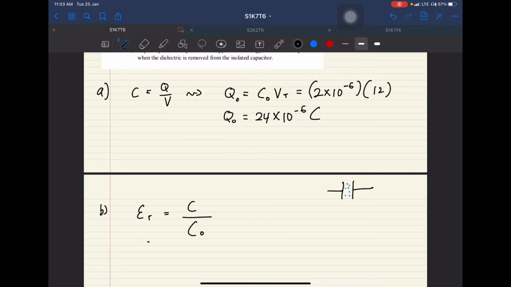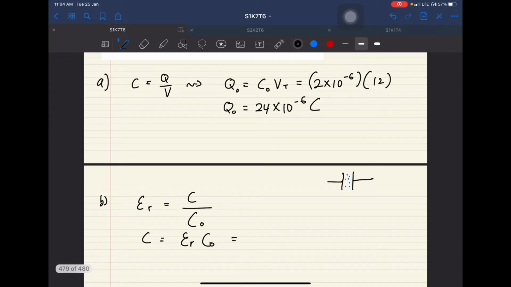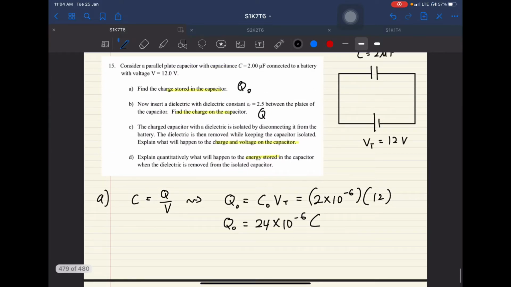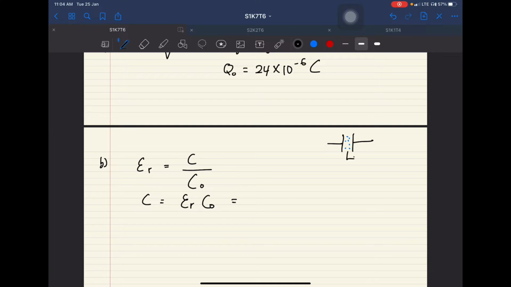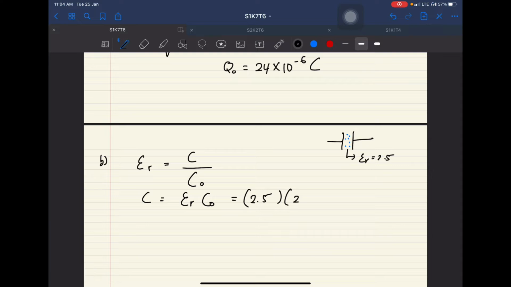So your new capacitance will be epsilon r multiplied by C not, just a factor you have to multiply by epsilon r. So epsilon r is equal to 2.5, multiplied by initially 2 times 10 to the negative 6, so you get 5. This would be your capacitance with dielectric.